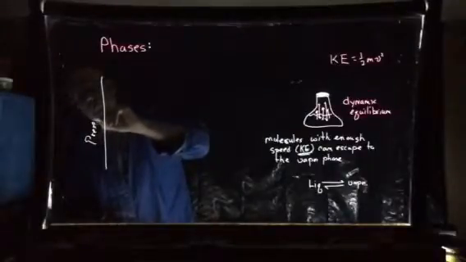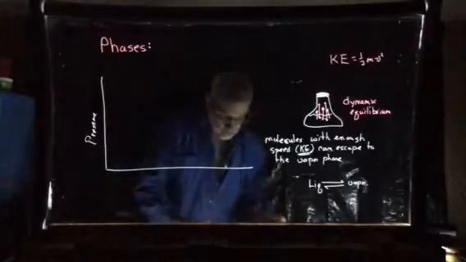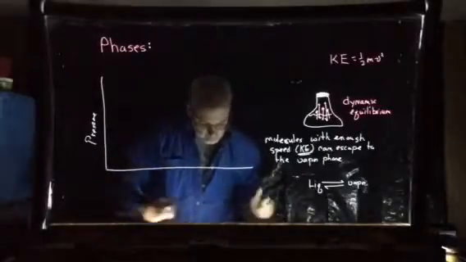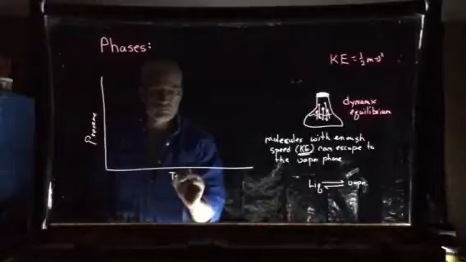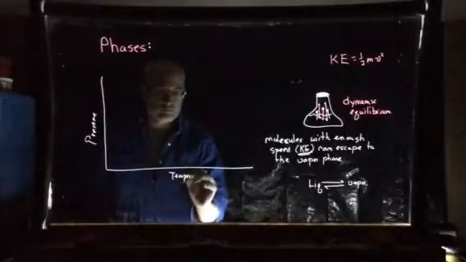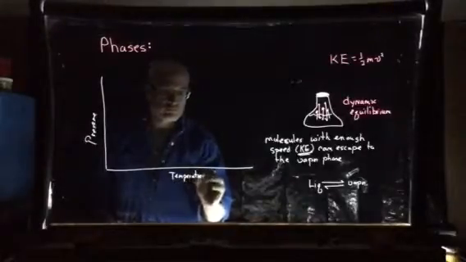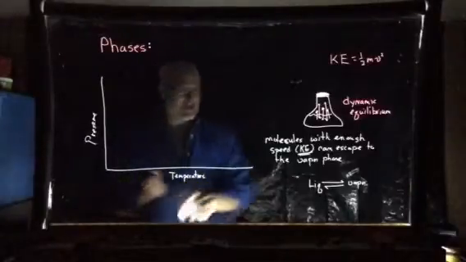So if we plot pressure versus temperature, my diagram is not going to be exactly to scale.